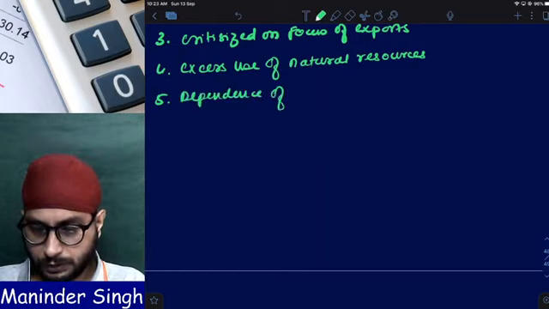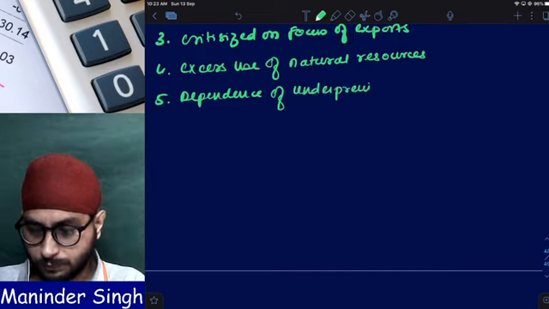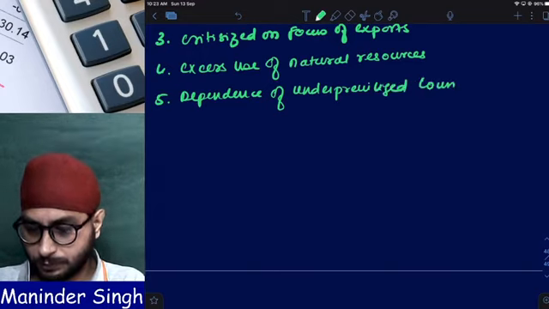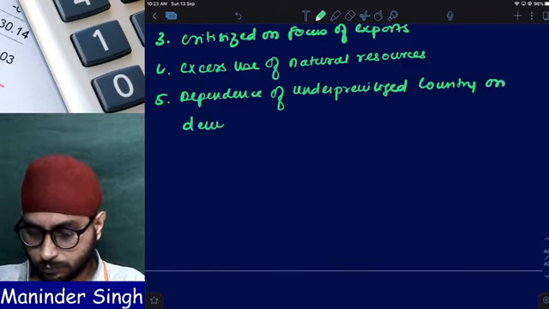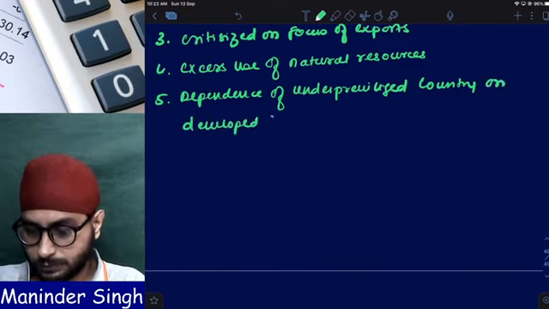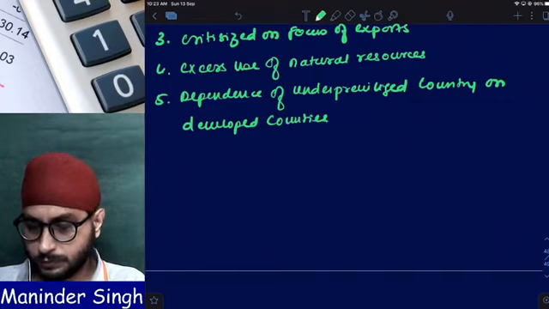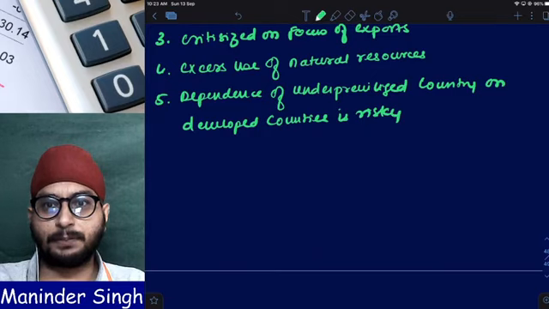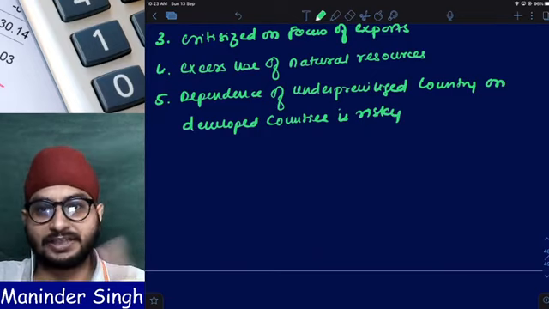Dependence of underprivileged countries on developed countries is risky. Now let us say India is not underdeveloped, India is developing.